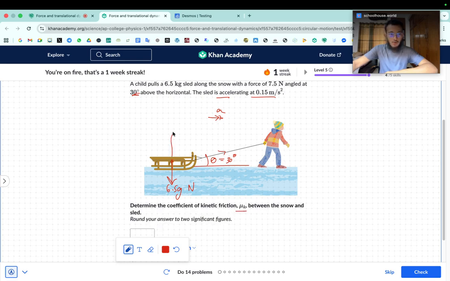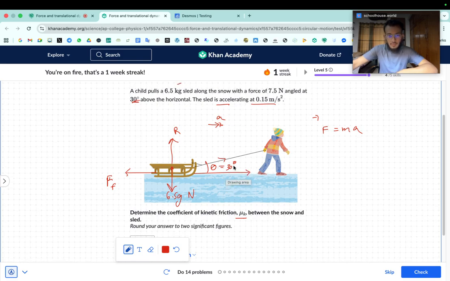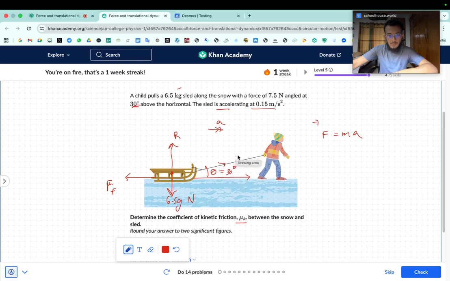All right, so we have the normal reaction pointing here, R, and obviously friction would act in this direction, which is F of friction. Now we know that the sled is accelerating towards the right, so the resultant force is in this direction, and hence this force must be greater. So when we write F equals ma, the resultant force will be basically this force, which is 7.5 with the force angled.